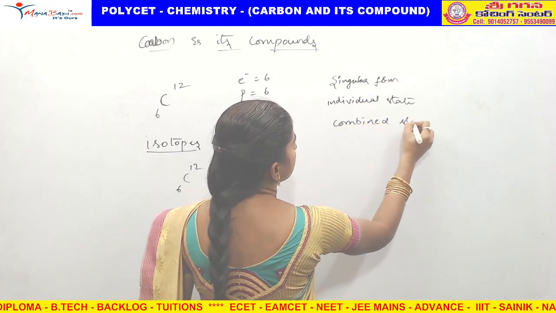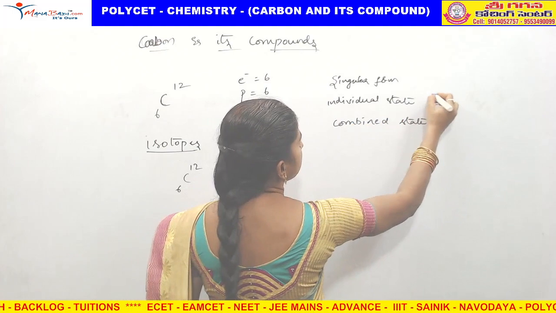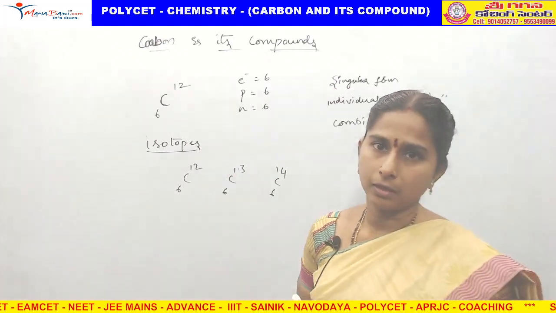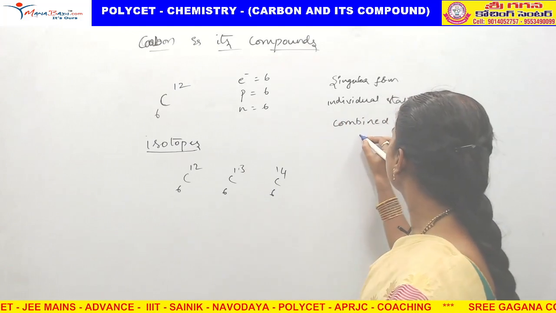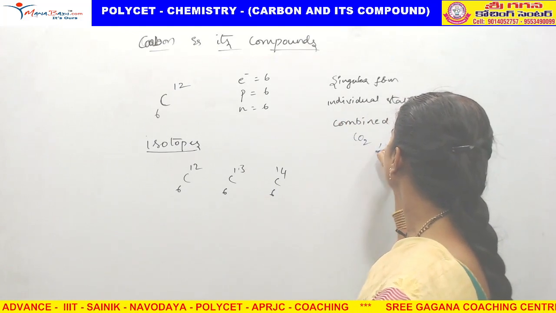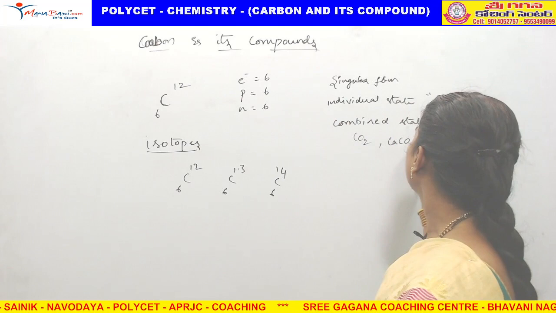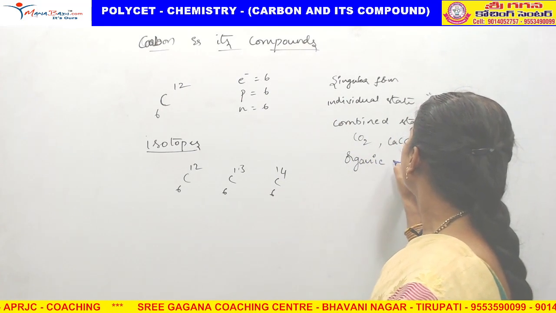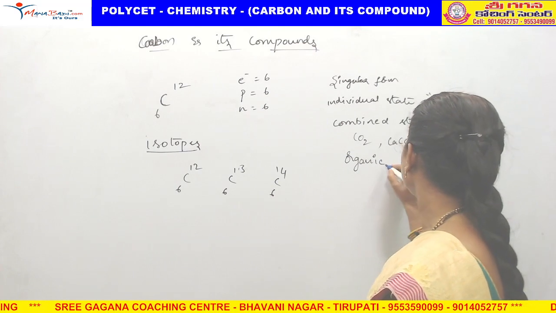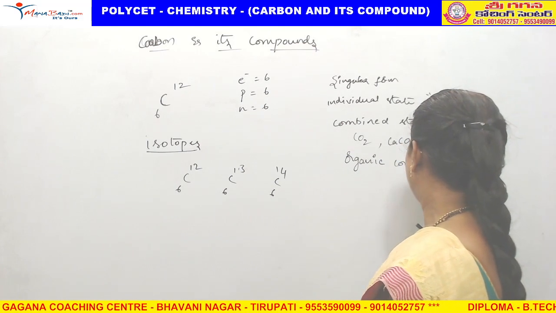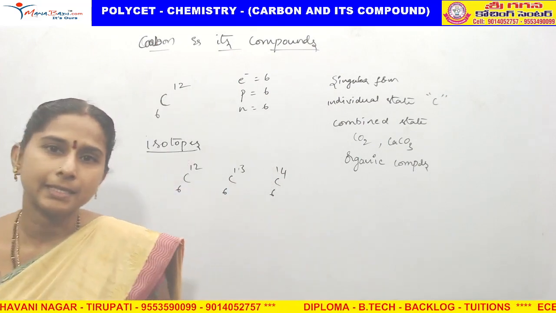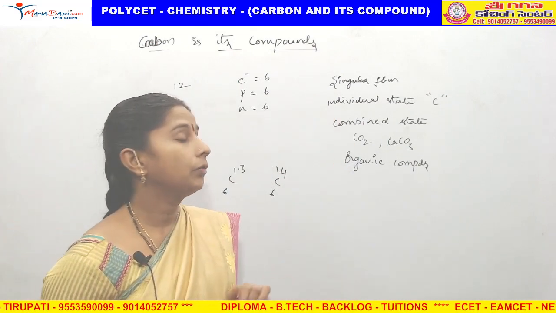Carbon can exist as carbon itself and also in a combined state. For example, CO2 and CaCO3 have carbon, and organic compounds too. All these are combined forms of carbon.